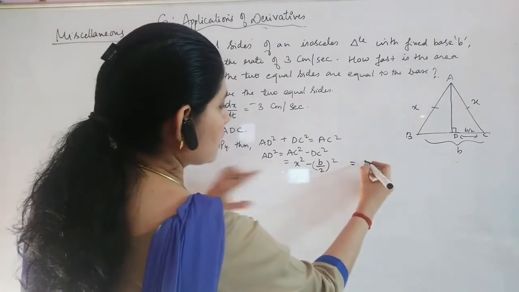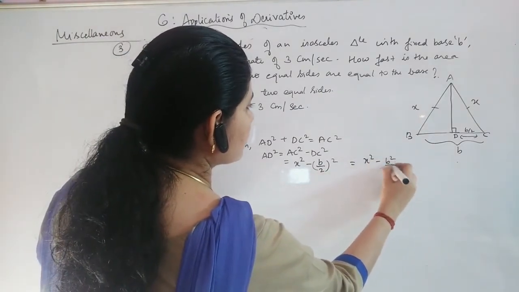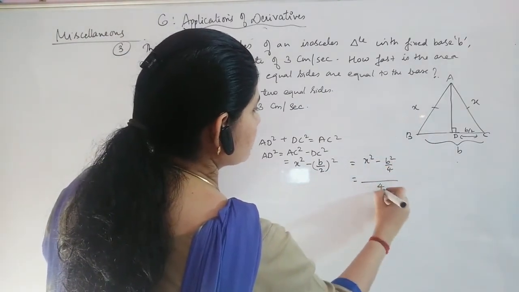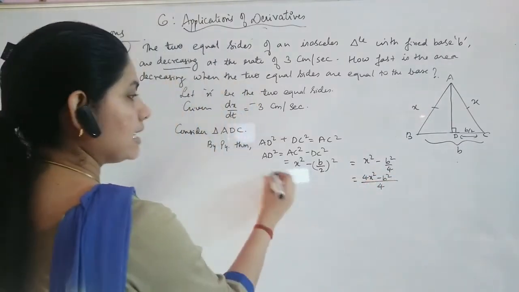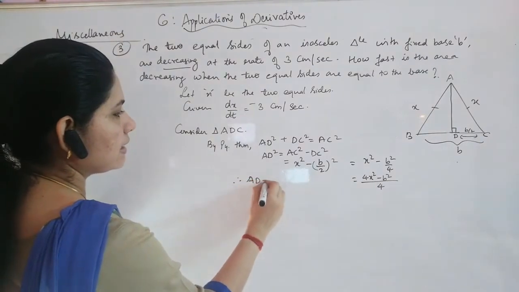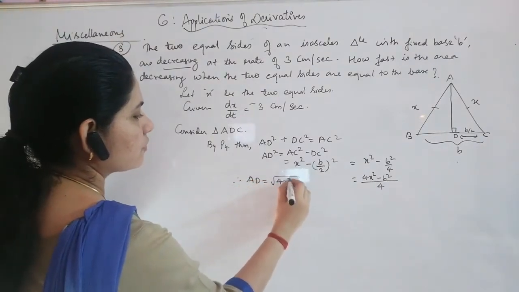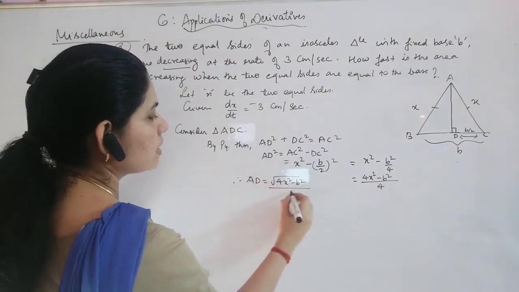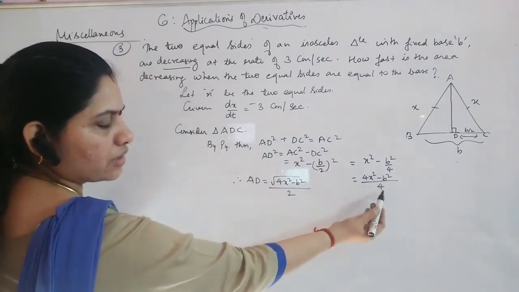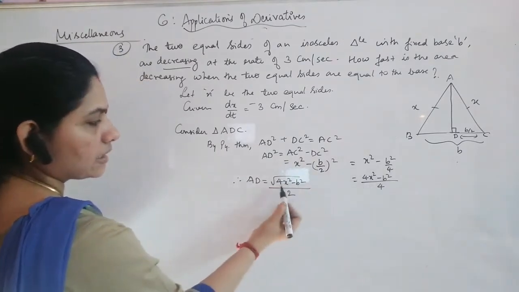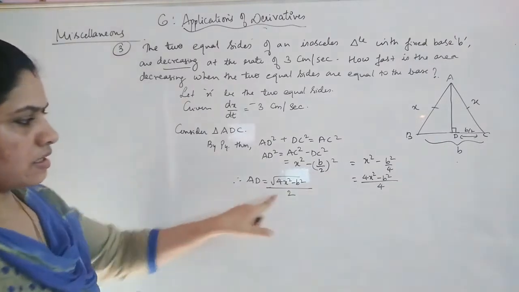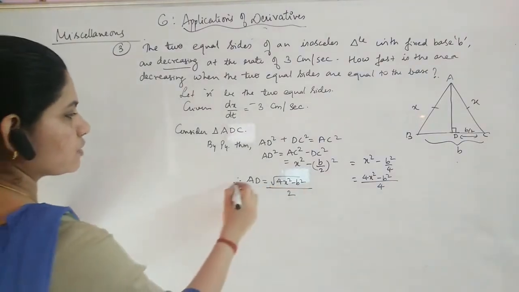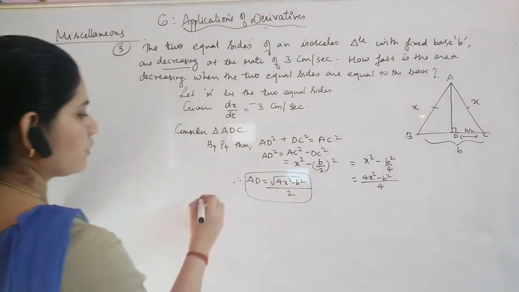When you take the LCM, this is b square by 4, so you get 4x square minus b square by 4 as AD square. Therefore AD is equal to root of 4x square minus b square, divided by 2. Inside the root we keep it as 4, otherwise you have to make it 2, and at that time the denominator should be like this. So this is what we need for finding the area.